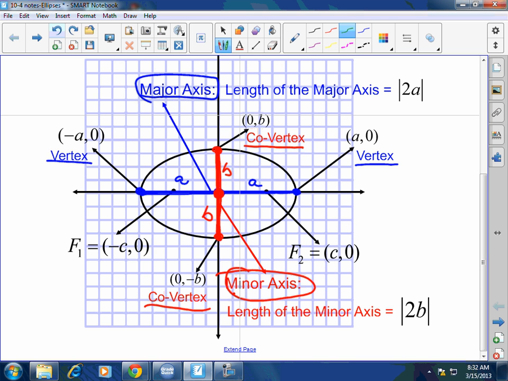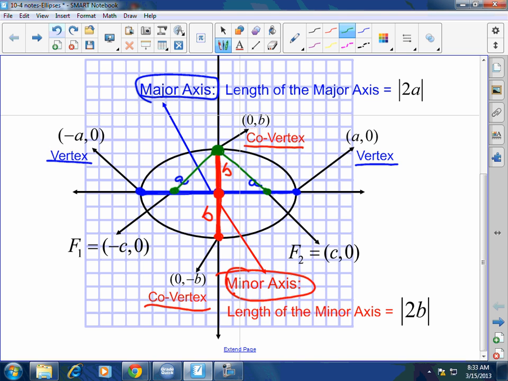We had said that in a parabola, the distance from the focus to any point on the parabola is equal to the distance from that point on the parabola to the directrix. In this particular case, gentlemen, we're saying that the distance from any point on the ellipse to focus 1 plus the distance from that same point to focus 2 is constant.